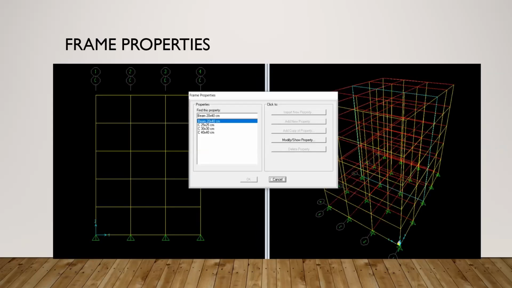For the properties in this project, for the column, we use 25 multiplied by 25 centimeters, 30 multiplied by 30, and 40 multiplied by 40, sorry. And for the beam, we use 20 multiplied by 40 centimeters.